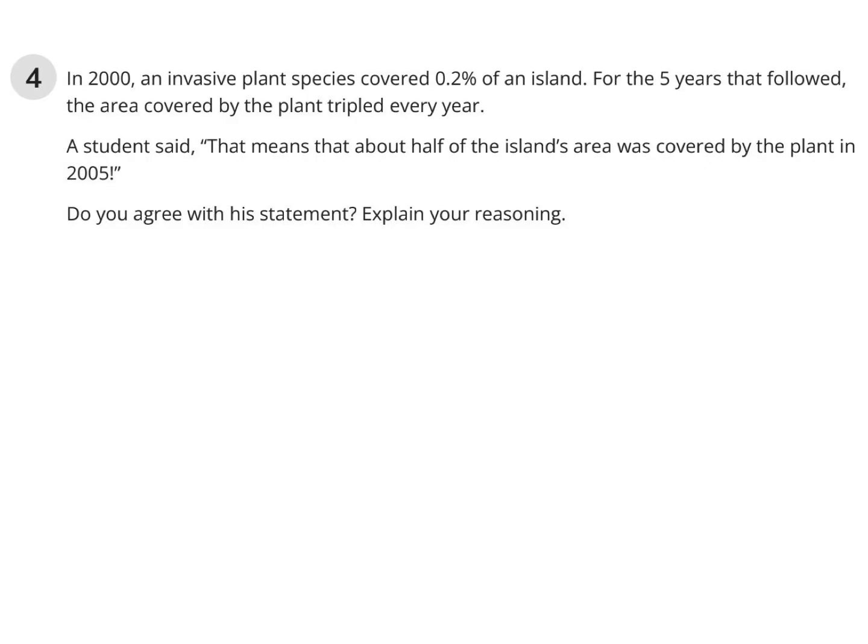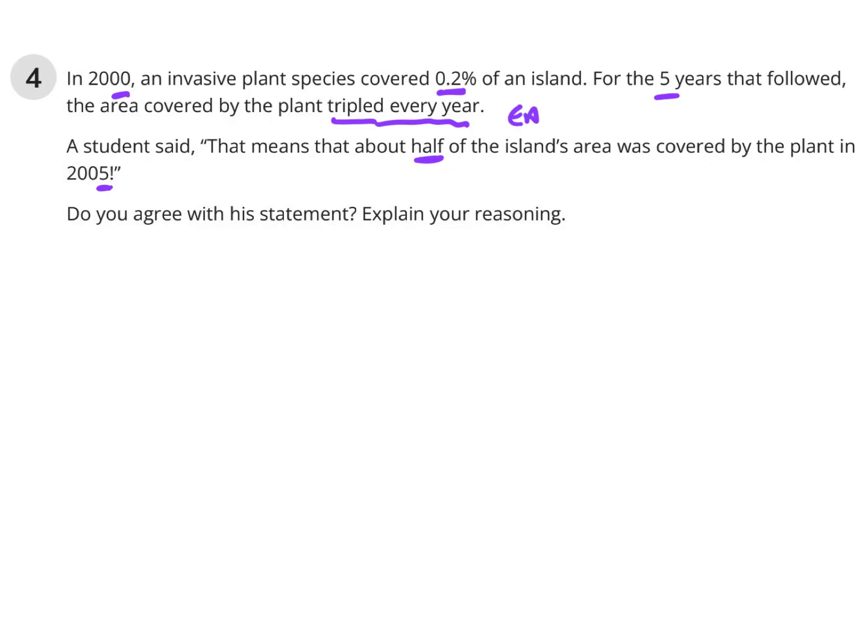Okay, writing exponential functions. In 2000, invasive plant species covered 0.2% of an island. The plant tripled every year.